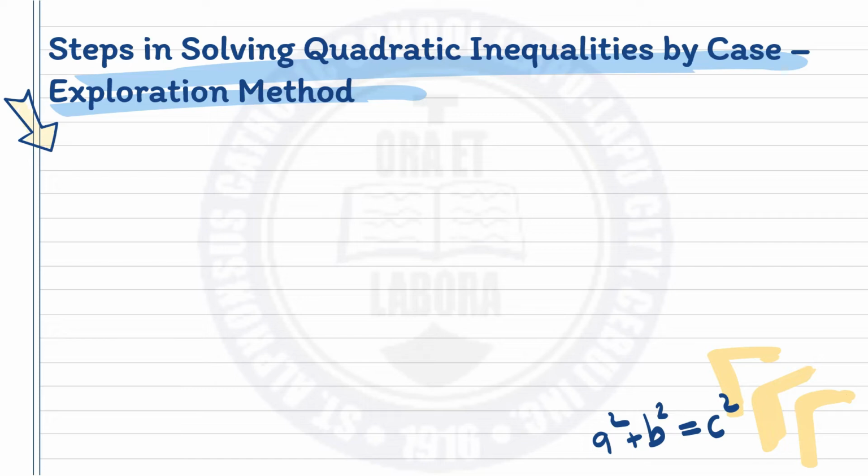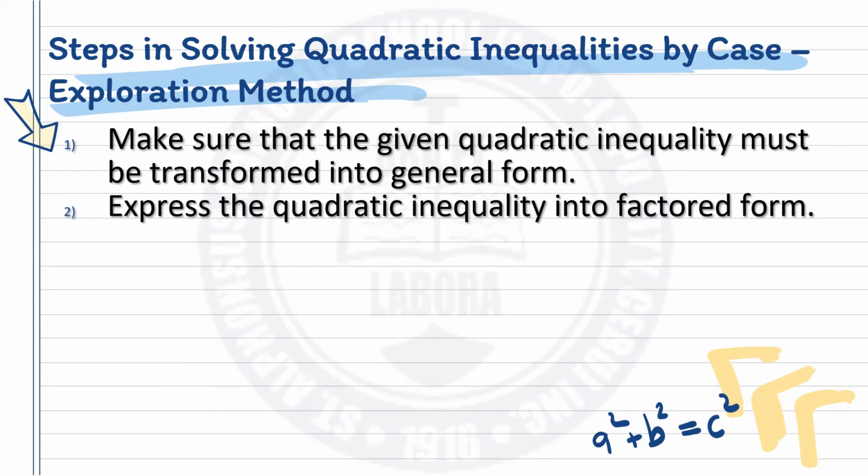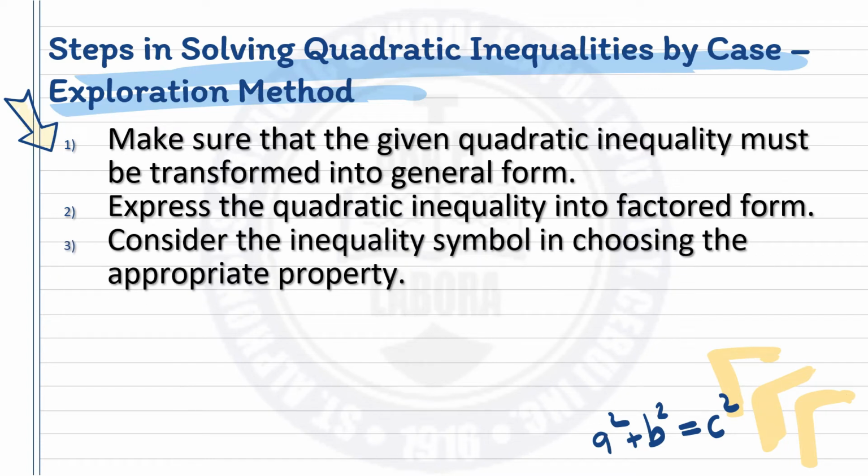Now, here are the steps in solving quadratic inequalities by the case exploration method. Number 1. Make sure that the given quadratic inequality is transformed into its general form. Number 2. Express the quadratic inequality in factored form. Number 3. Consider the inequality symbol in choosing the appropriate property. Remember, greater than or greater than or equal to, use property number 1.